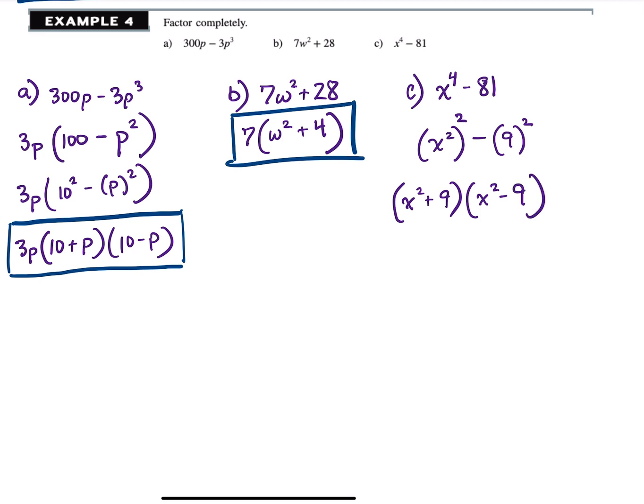And then notice here we actually get another difference of squares. The first one is a sum, so we can't factor that any farther. But we can write this as x squared minus 3 squared, a difference of two squares. So that second set of parentheses will be able to split into two more factors, x plus 3 and x minus 3.